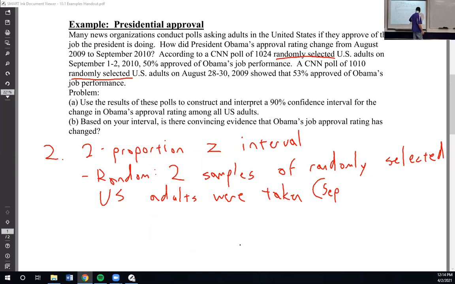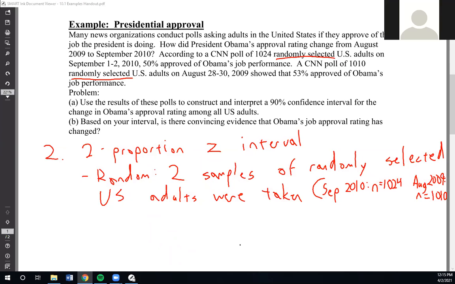In September 2010, we had 1,024. And then in August 2009, N was 1,010.